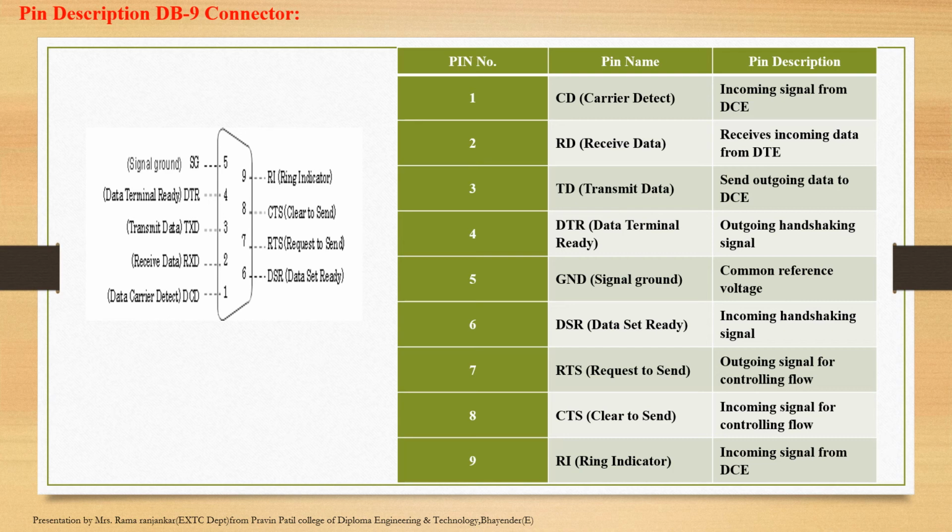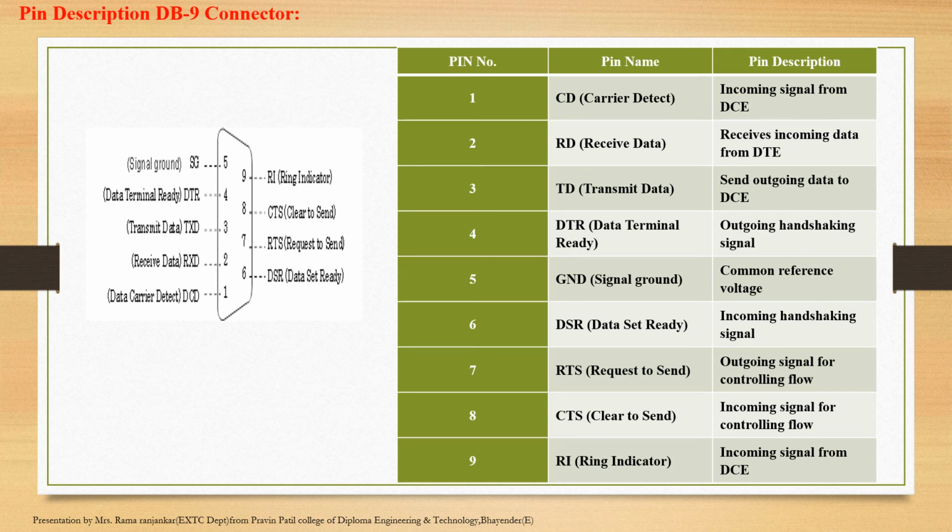Pin number 4 is data terminal ready, DTR. It shows the outgoing handshaking signal. Pin number 5 is ground. It is the common reference voltage referred to as ground. Pin number 6 is DSR, data set ready, an incoming handshaking signal.